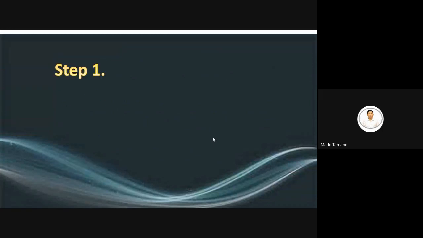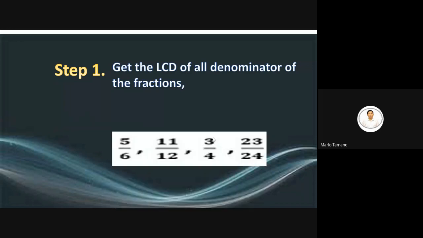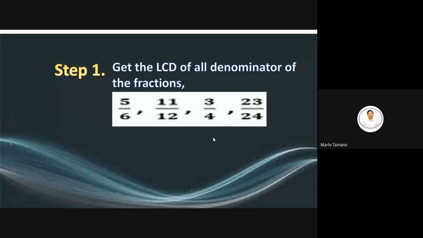Let's start with step number 1. Step number 1, get the LCD of the denominator of the given fractions. So, example. 5 over 6, 11 over 12, 3/4, 23 over 24. This is our given fractions.